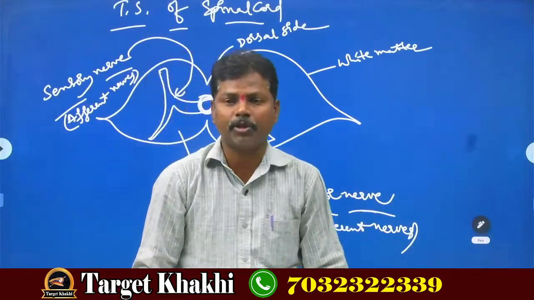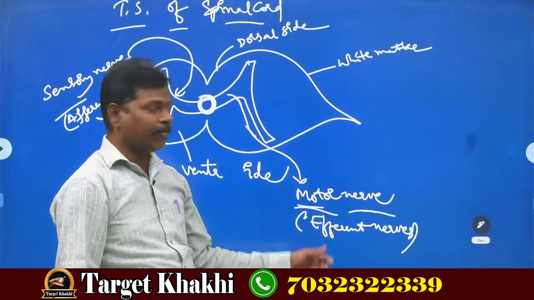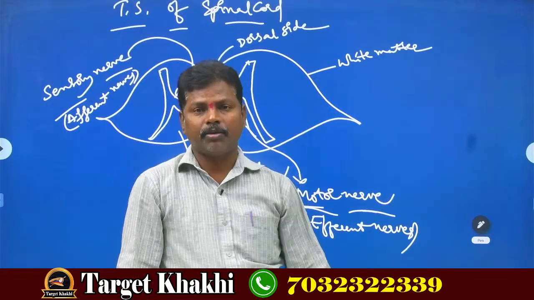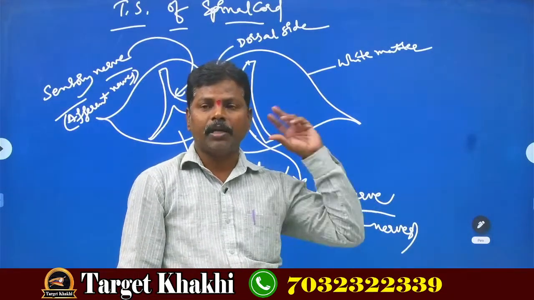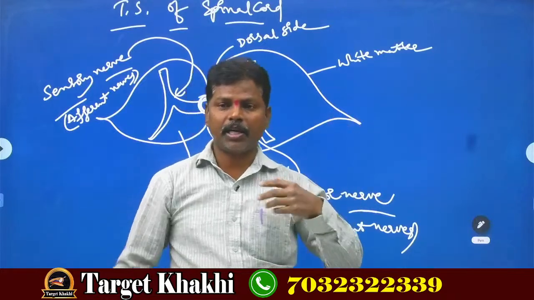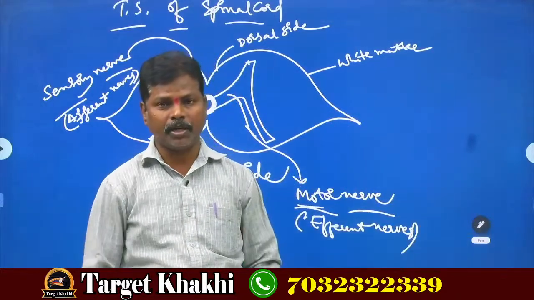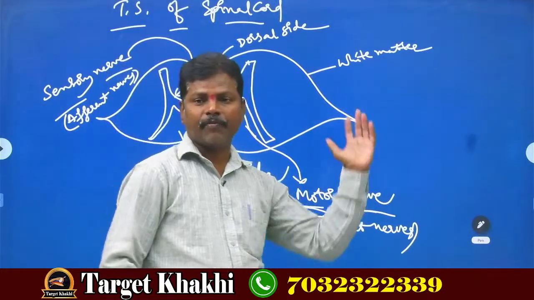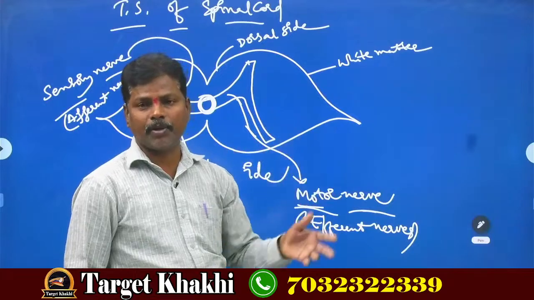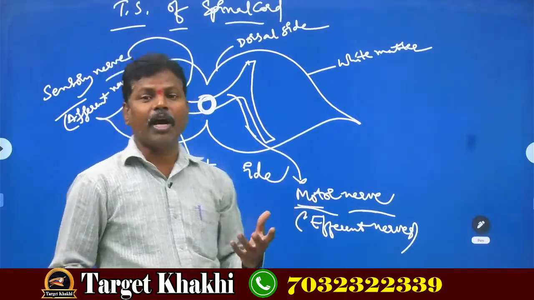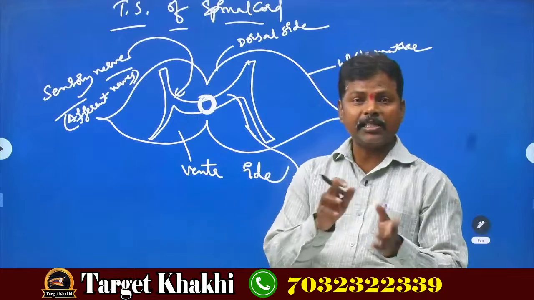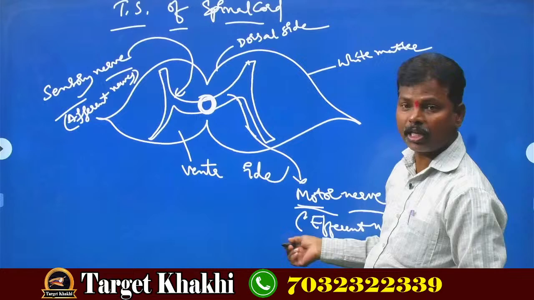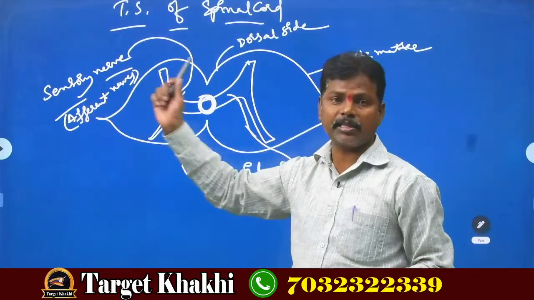What is the function of motor nerves? Motor nerves are also called efferent nerves. These efferent nerves carry messages. They receive the messages from the brain to the spinal cord, and from the spinal cord they supply them to all body parts. Once again, motor nerves carry messages from the spinal cord to all body parts, so that we can feel what is happening in our body. Sensation to stimulation. Sensation is nothing but motor nerves. Stimulation is nothing but sensory nerves.